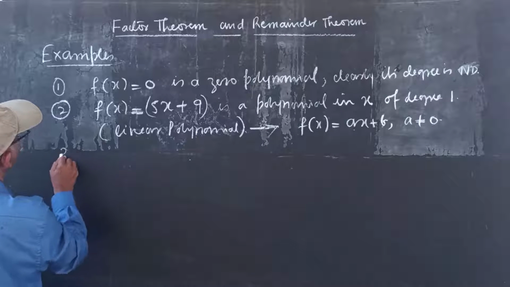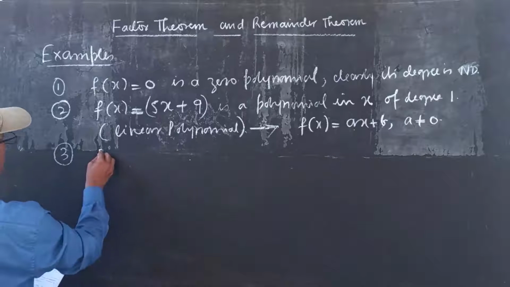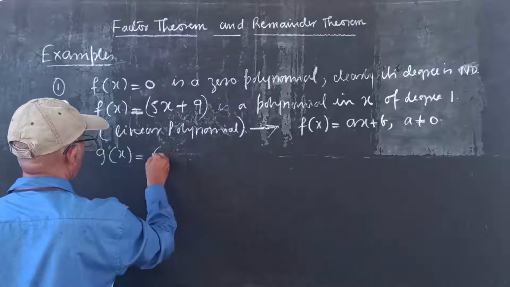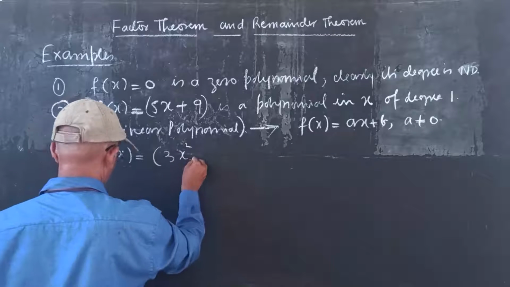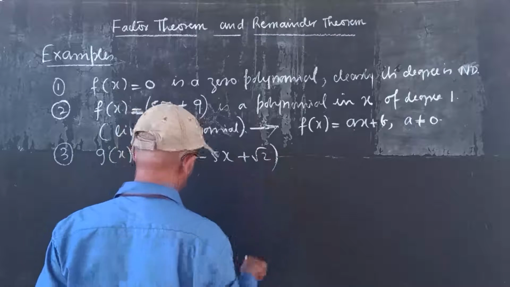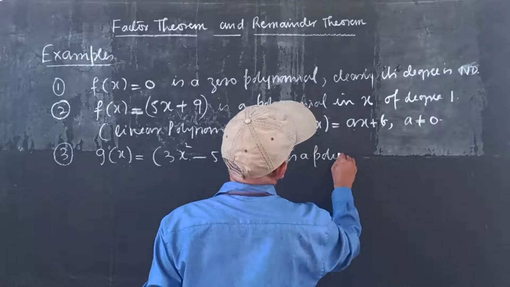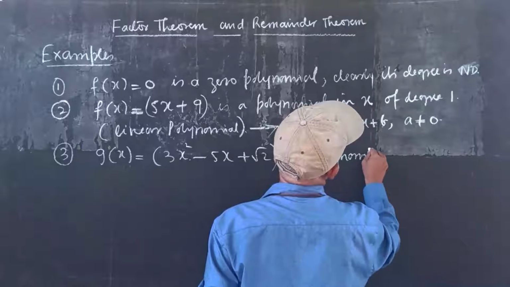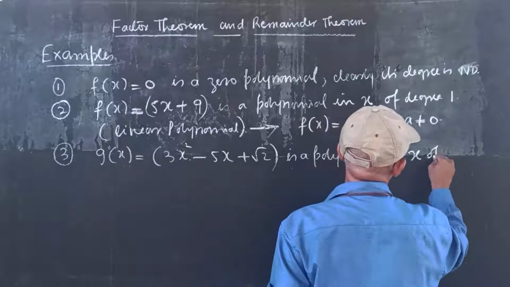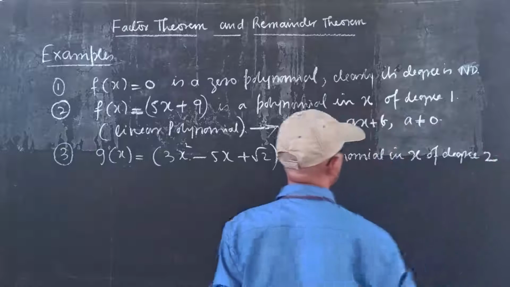Now, we shall take the third one. Now I will change the notation. g(x) is equal to 3x square minus 5x plus root 2 is a polynomial in the variable x of degree 2.